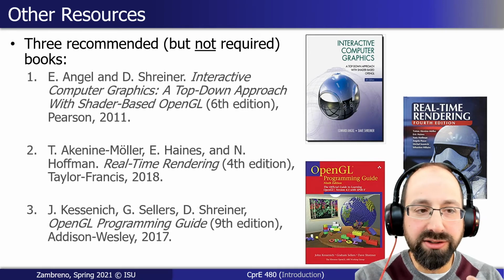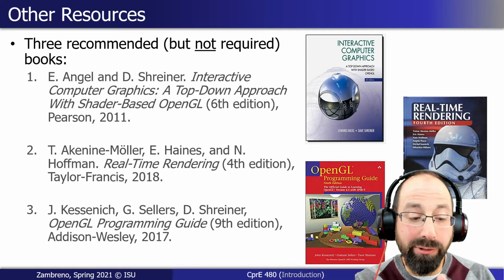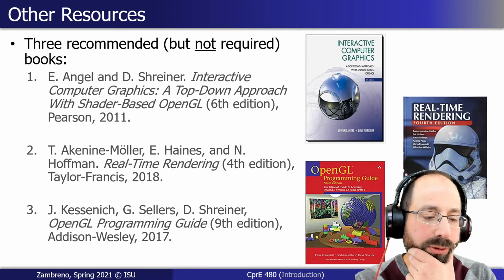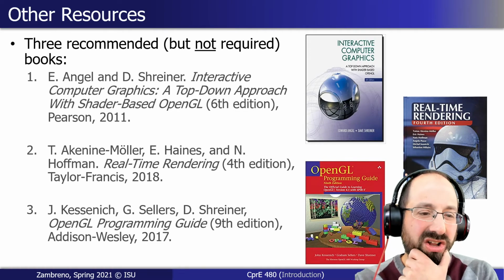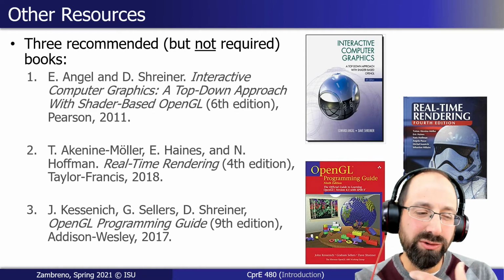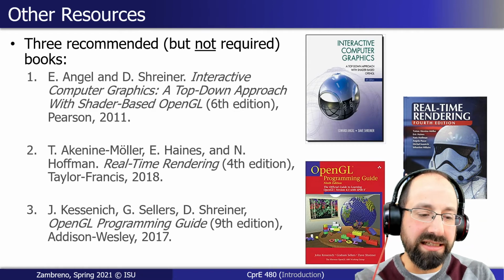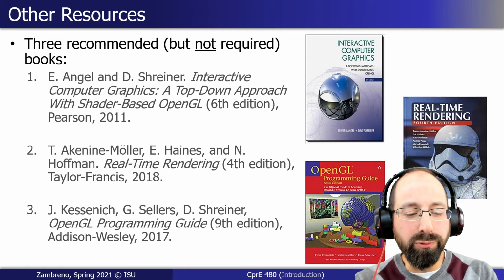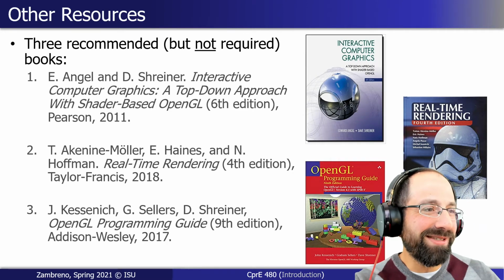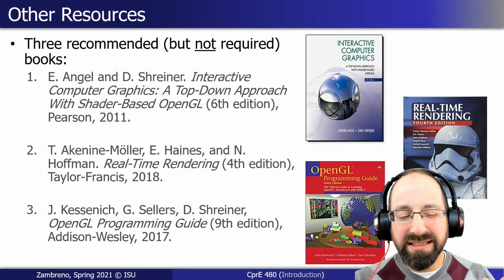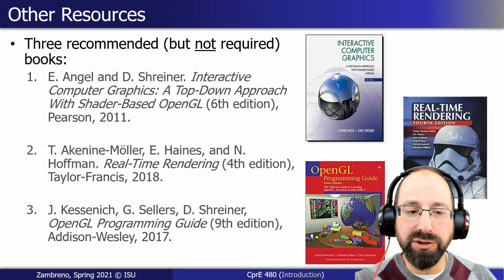And then finally, there's the OpenGL Programming Guide. We will be doing a decent amount of OpenGL programming. It's a good resource. It's not required because it's all equally available online, so there's really no reason to force you to purchase it. I don't have you read through it. Oftentimes, the Google and find results method works pretty well for OpenGL. You just have to make sure you're looking at the right version of OpenGL.